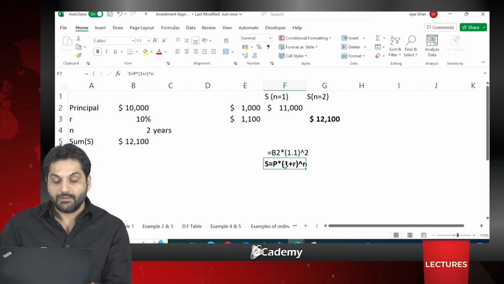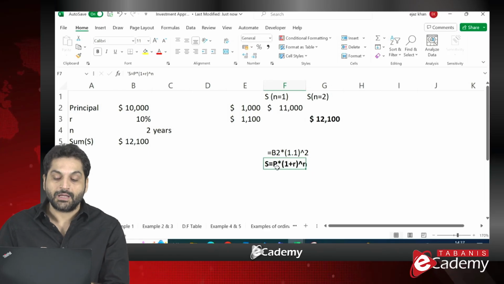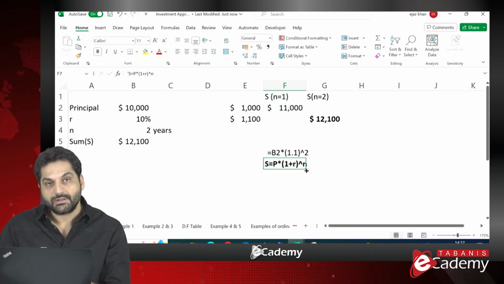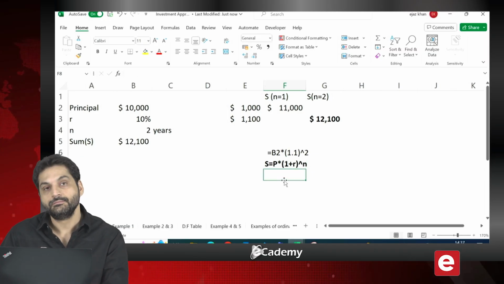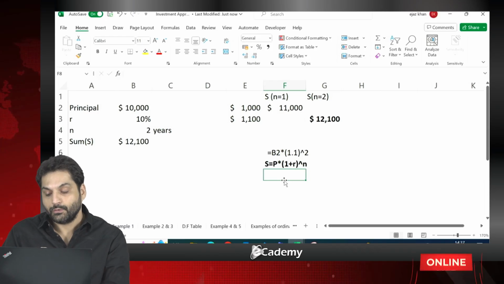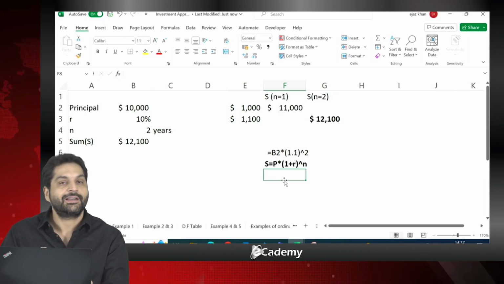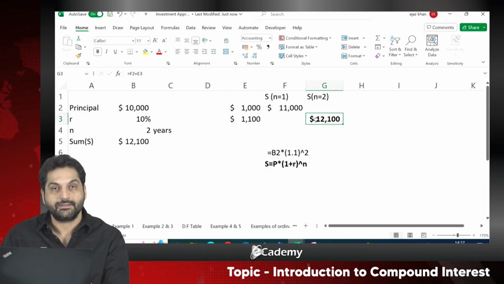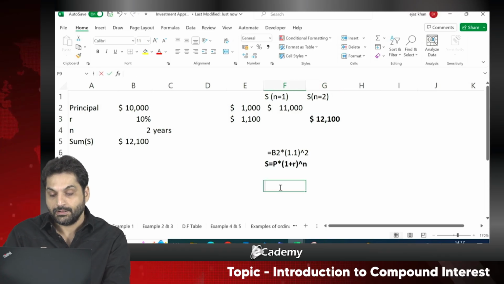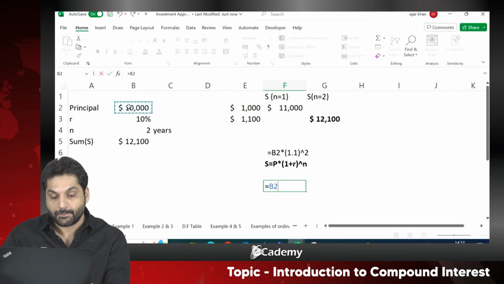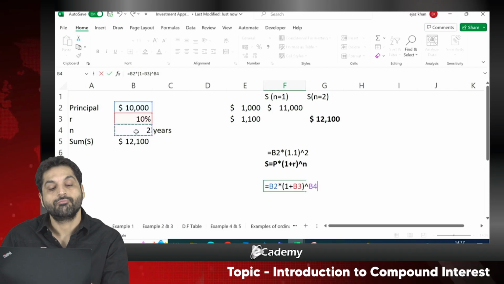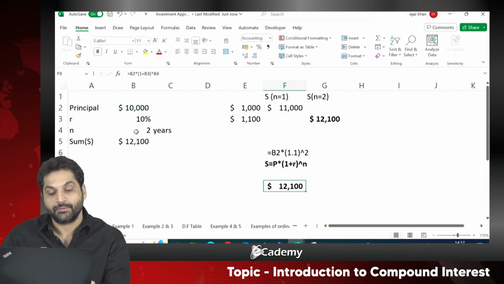This is the formula for compound interest, and with the help of this formula we can find some principal, rate, or even the number of years. So let us put the values directly and see if we can get this answer. So P, which is 10,000, into 1 plus the rate, 10%, raised to the power 2, gives 12,100.